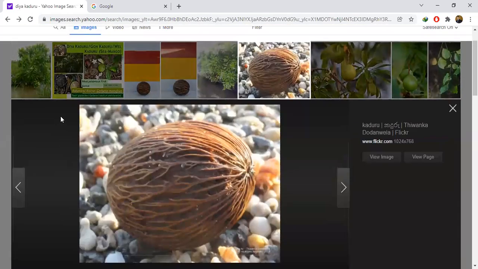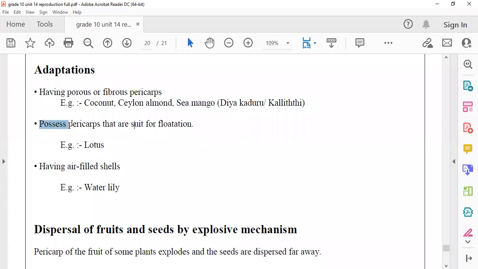And following, you are given another one, possessing pericarp that suits flotation, that is lotus seed.